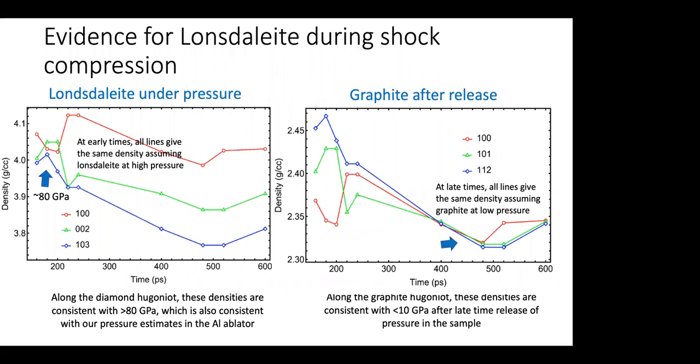We take the lines that we would associate with that structure, and then we plot the density that we would infer from those three different lines. If they all overlap, then that would seem to support an assignment of the structure that we're hypothesizing. And if they don't overlap, that would seem to support that it's not that structure, it's something else.